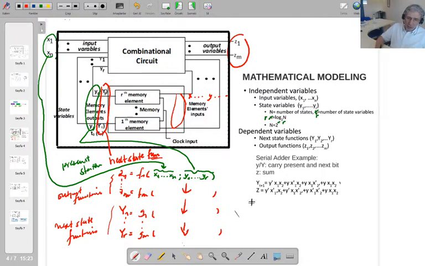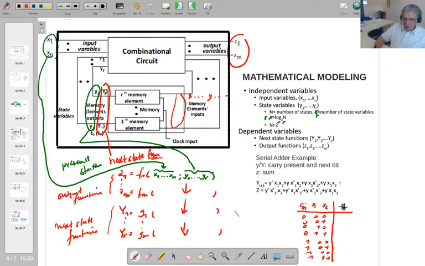So what we had in the full adder, let me write it as carry in, x1 and x2: 0 0 0, 0 0 1, 0 1 0, 0 1 1, 1 0 0, 1 0 1, 1 1 0, 1 1 1.